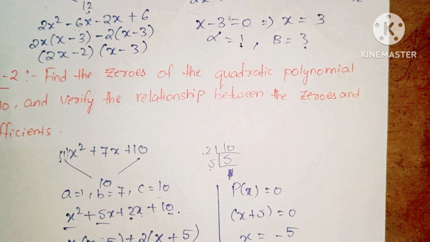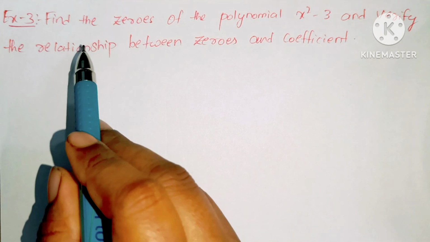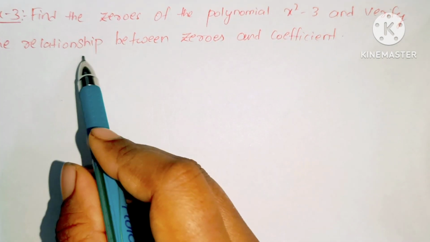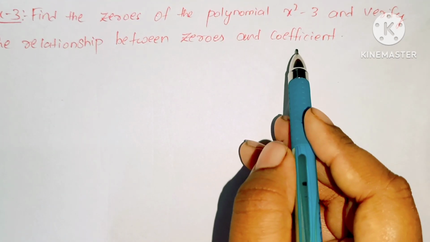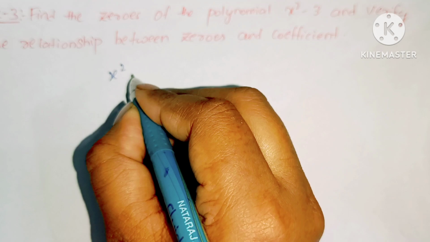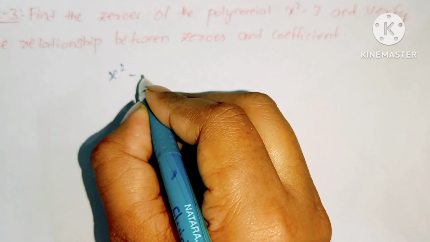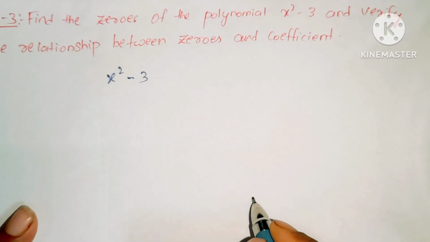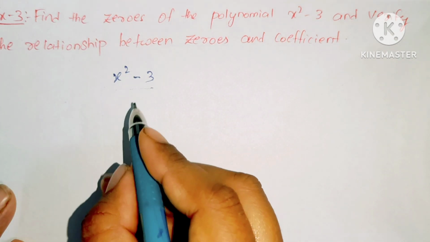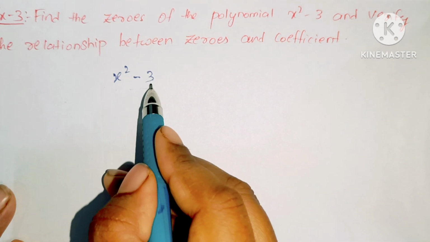Okay. Next sum. So example 3, find the zeros of the polynomial x square minus 3 and verify the relationship between the zeros and coefficient. First you have to find out the zeros of polynomials, right? Means root. So simply see here only one variable there, one number was there, nothing more there. So here x square was there, here only 3 was there.